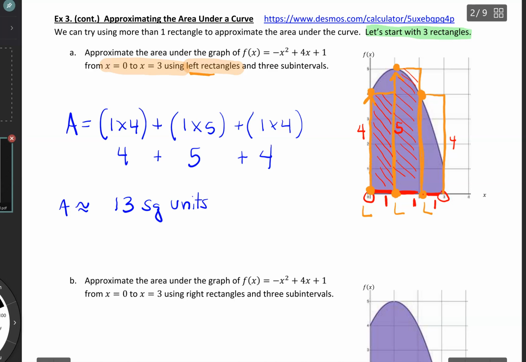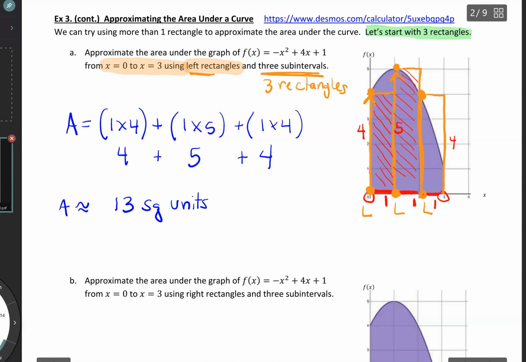So I used 3 subintervals. That means I had 3 rectangles, right? And I used left rectangles. The height of the rectangle was dictated by that left corner there, and I got this estimate.